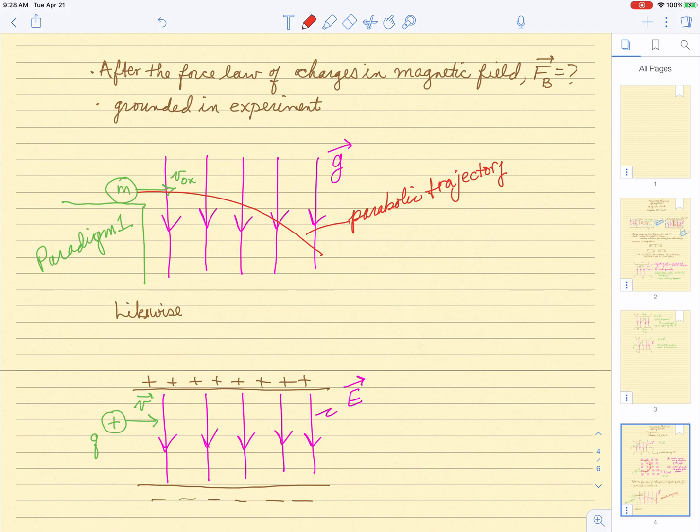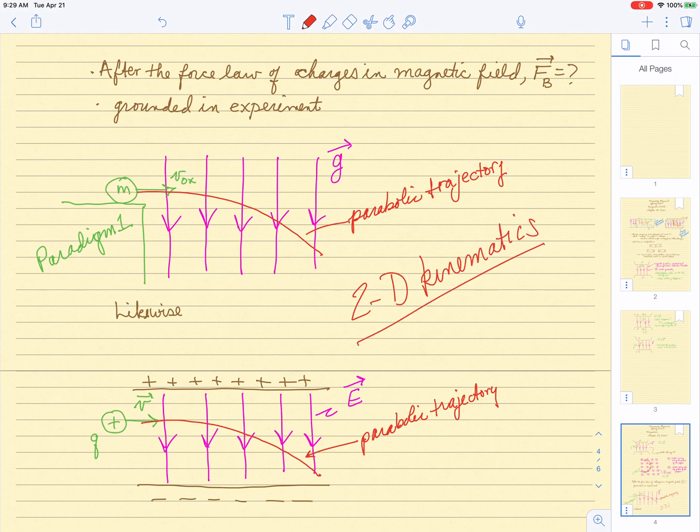The resulting trajectory would be completely analogous to projectile motion, and this would be a parabolic trajectory. Again, these are mathematically identical. One should be able to go back and analyze the two-dimensional kinematics of each of these problems. Especially for shooting charges into electric fields, that might be good fodder for final exam material.